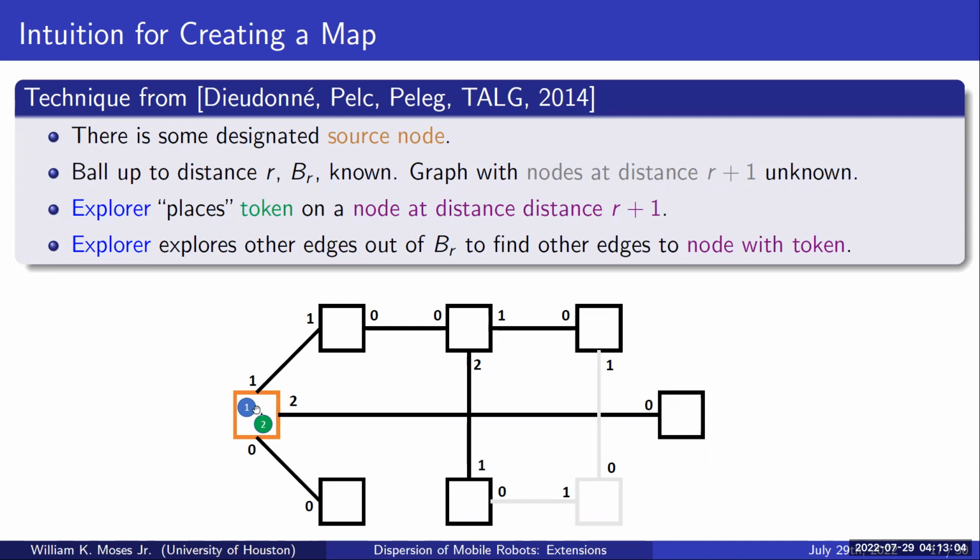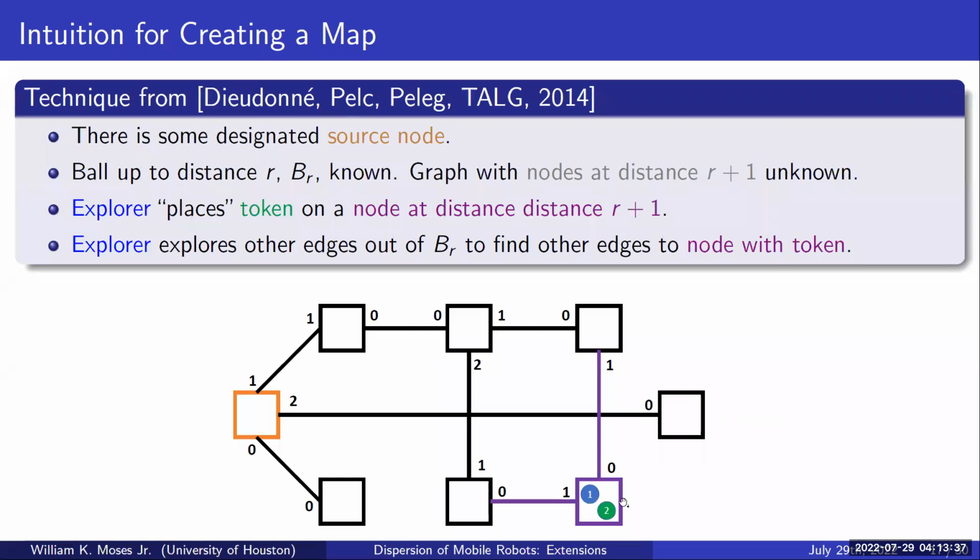And the way it happens is as follows. Explorer and token move together. They go to one of these nodes that has an edge leading out, and the token is placed at this node, and subsequently Explorer goes back, and it goes and explores each of the other edges. Now, in this picture, there's only one edge, but there could be multiple other edges. And the point is to learn which edges lead to the same node.